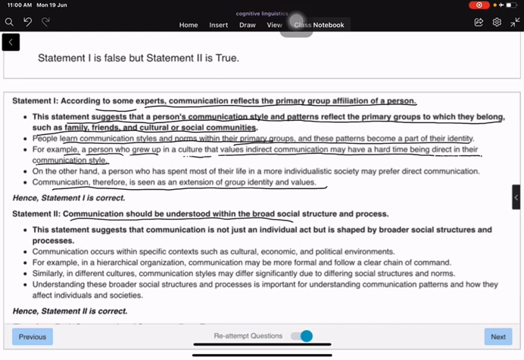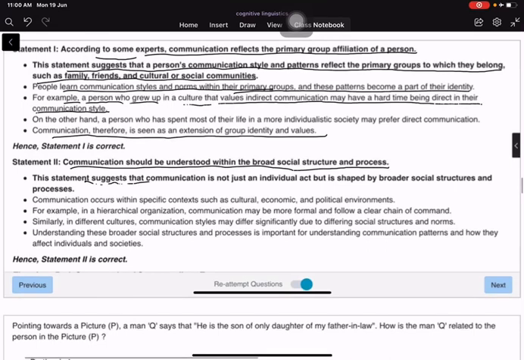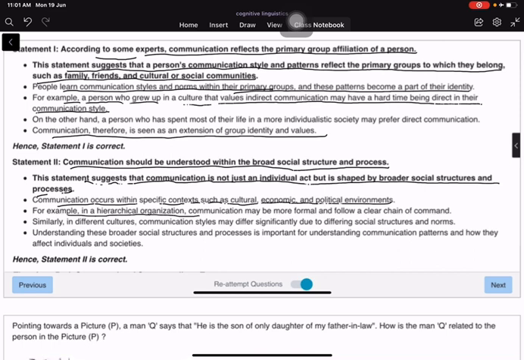Communication should be understood within the broad social structure and process. This statement suggests that communication is not just an individual act, but is shaped by broader social structures and processes. Communication occurs within specific contexts such as cultural, economic, and political environments. For example, in a hierarchical organization, communication may be more formal and follow a clear chain of command.